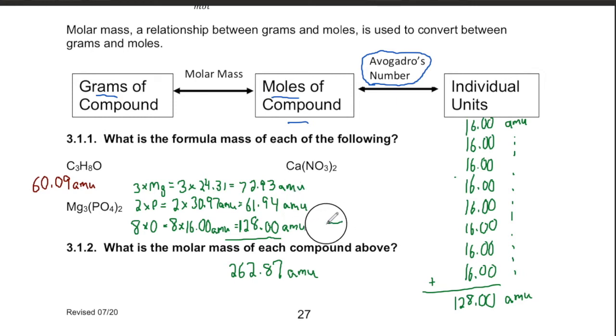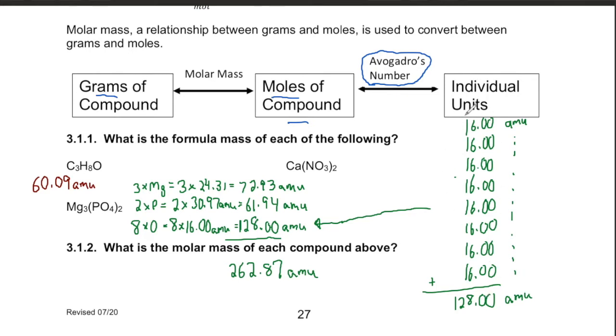I just want to take a closer look at this one because some people might be a little bit confused why I am multiplying something with 4 significant digits and ending up with something with 5 significant digits. 8 times 16.00, I'm saying, is 128.00 AMU, and I think it's because I think of these formula masses as just adding up all this stuff.